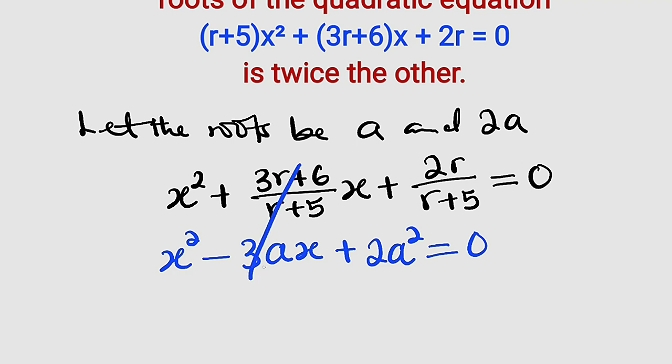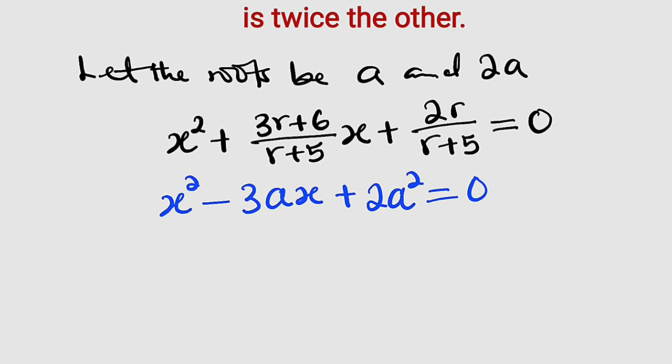Now, since these two equations are related, we can compare their coefficients. We don't have a problem with the first one because you can see they're both 1. Let's move to the coefficient of x, which is the middle term. You can see that negative 3a is the coefficient of x in this equation, but the whole of this expression is the coefficient of x in the other equation.